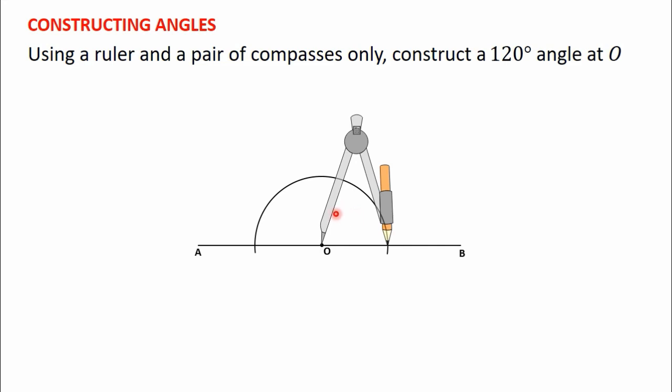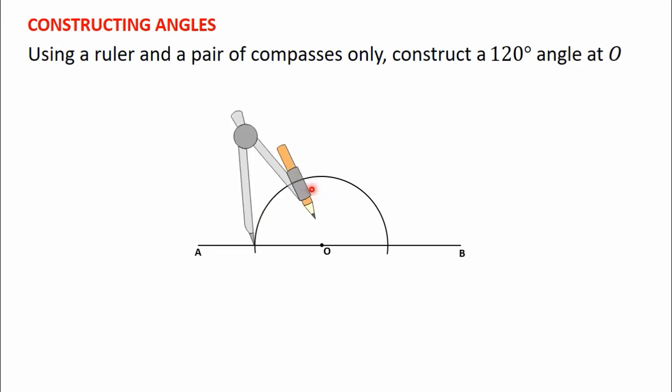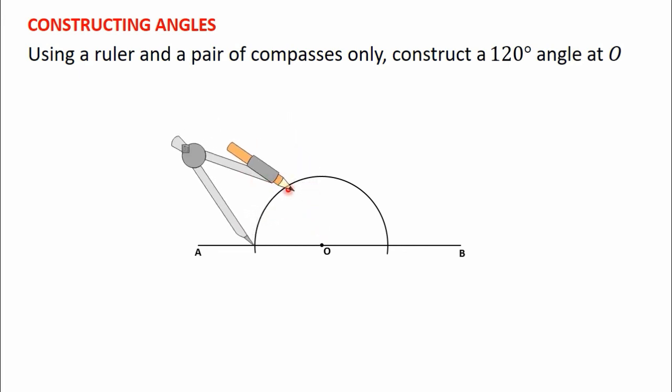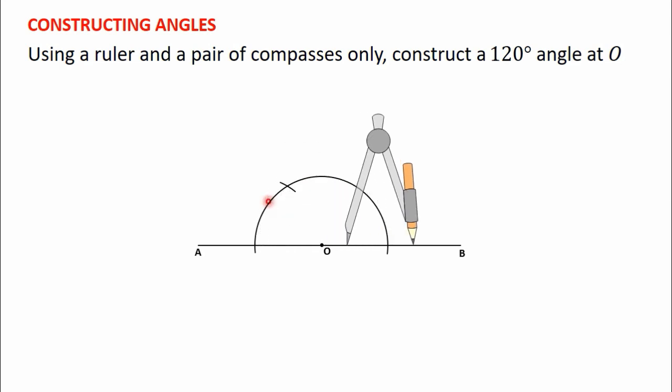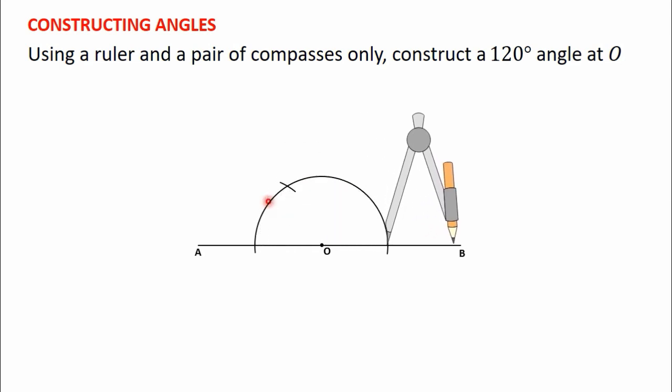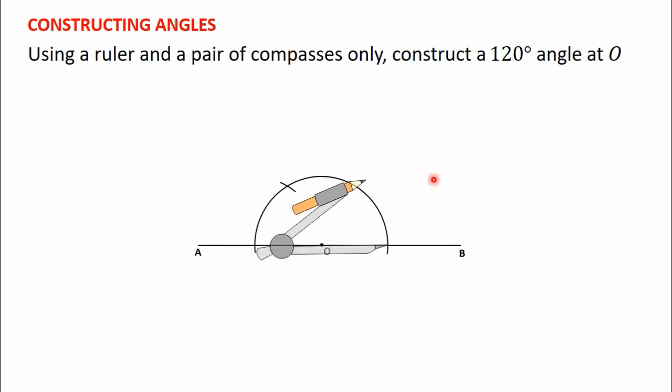With the same radius, you move the needle from point O and put it on this point. Then you turn the compass and construct an arc to intersect the semicircle. After that, with the same radius, you move the needle from this point to this point. Then you turn the compass and construct another arc to intersect the semicircle.